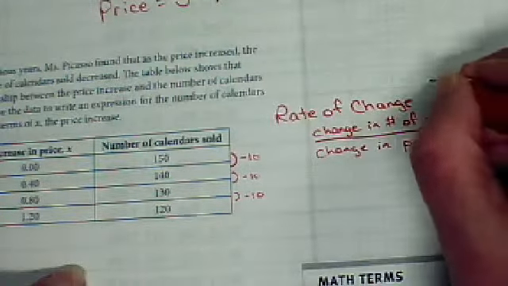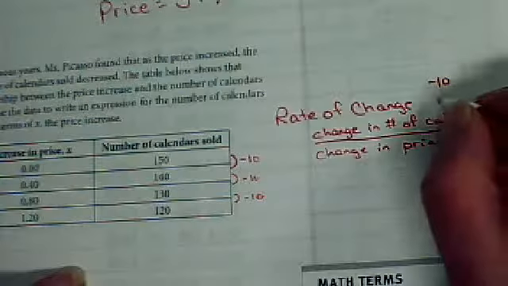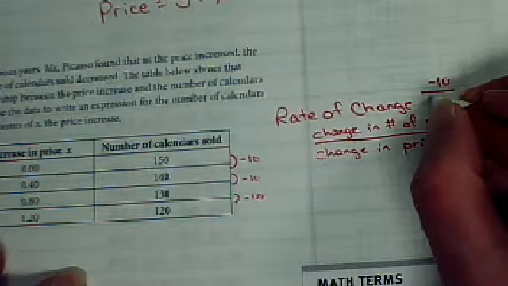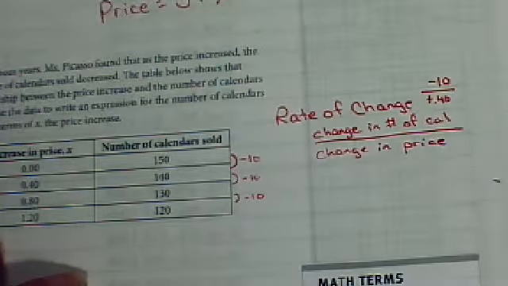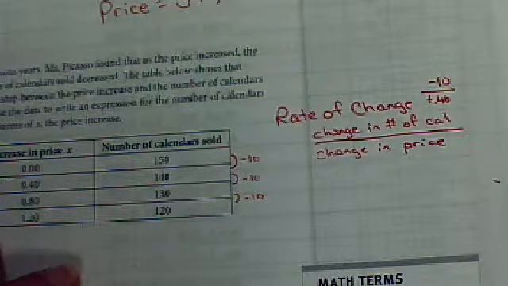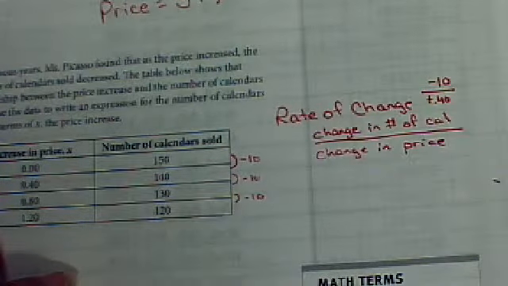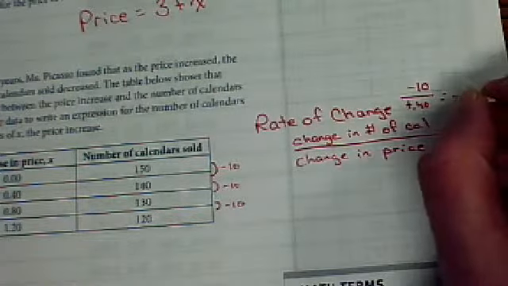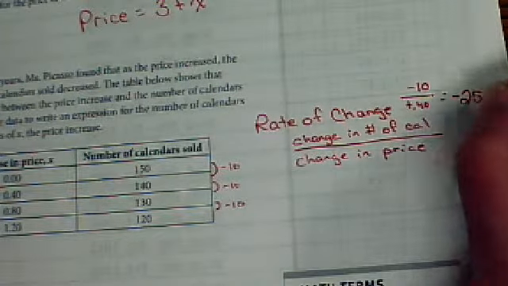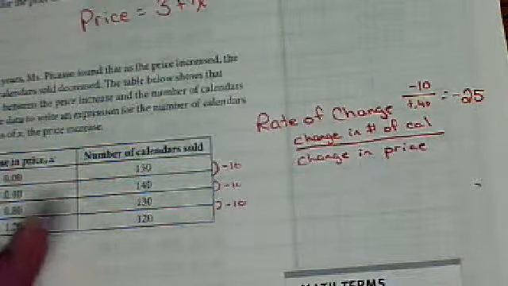So it's going down 10 calendars for the increase of 40 cents. So can we write that a little bit better? What would happen if I took negative 10 divided by 0.40? We get a negative 25. So our rate of change is actually negative 25.